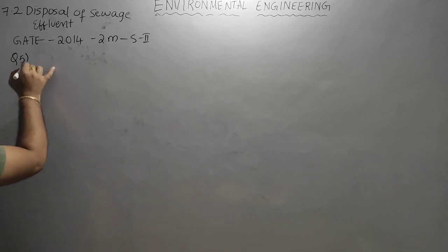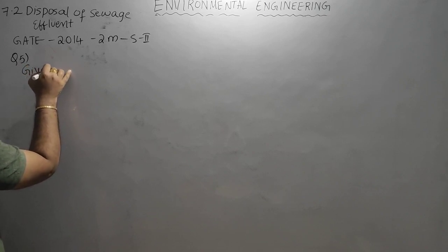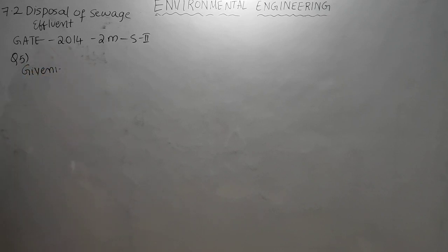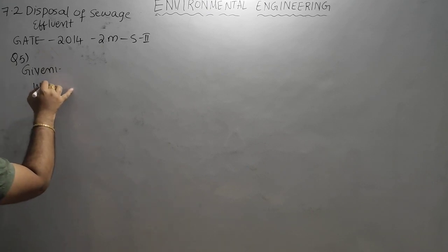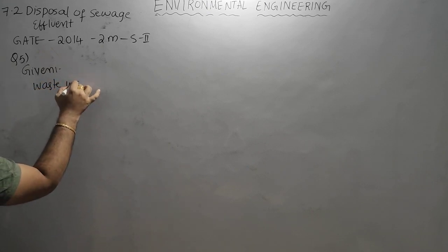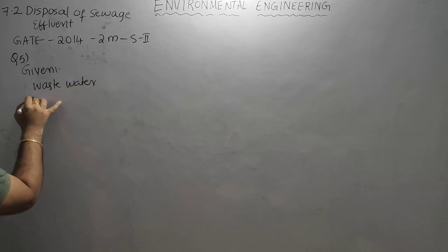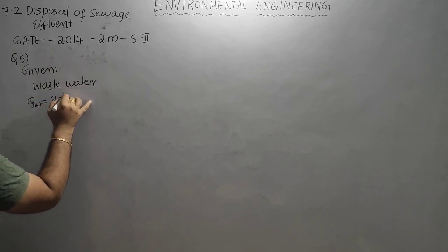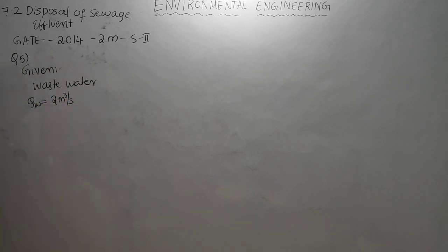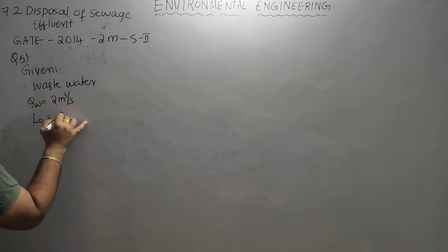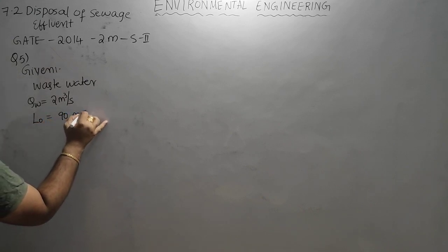Let us extract the data given. For wastewater, QW is 2 meter cube per second and BOD ultimate L0 is 90 mg per liter.